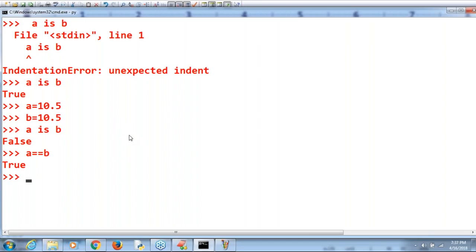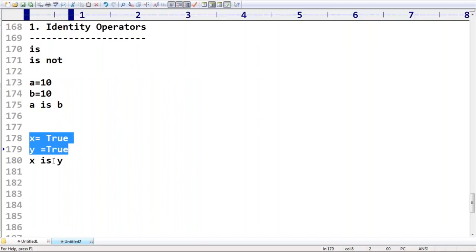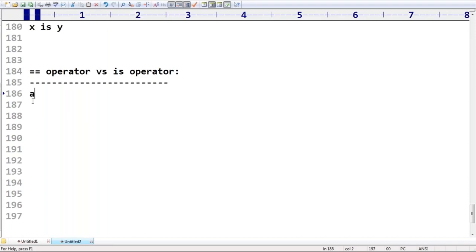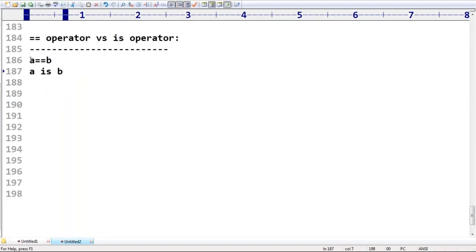The most valuable, important question for the interview room: what is the difference between the double equal operator and the is operator? A double equal to B, A is B, what is the difference? The double equal operator is always meant for content comparison.